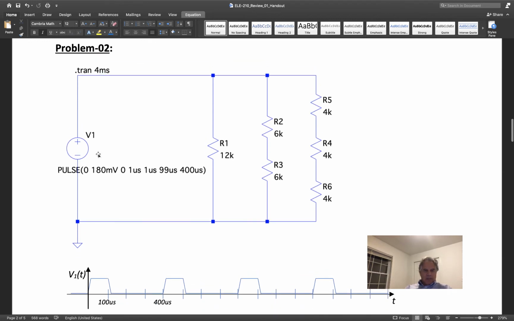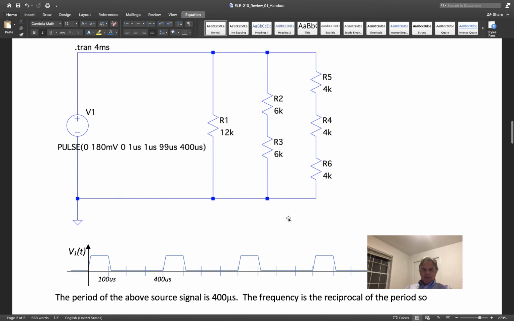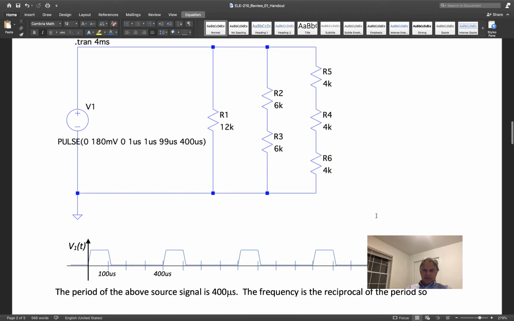And our driving signal in this case is not just a DC voltage, it's a pulse of sorts, which I've graphed down here. So, you've got a 12K resistor in parallel with 2 6Ks that are in series, in parallel with 3 4Ks that are in series. So you can see I'm trying to make things come out nicely.